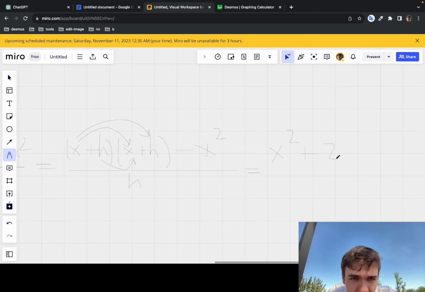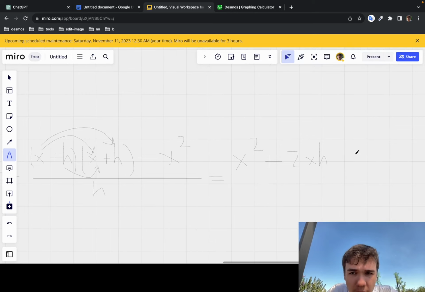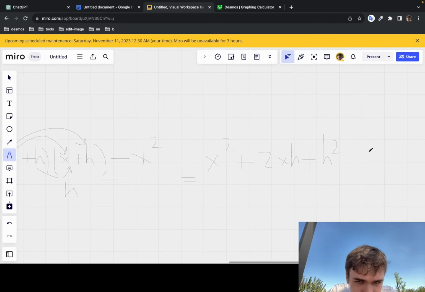So I'll just say 2xh, because we got xh from here and hx from here, and I can switch them to get xh, so it will be 2xh. And then finally plus h squared, and then minus x squared and over h.